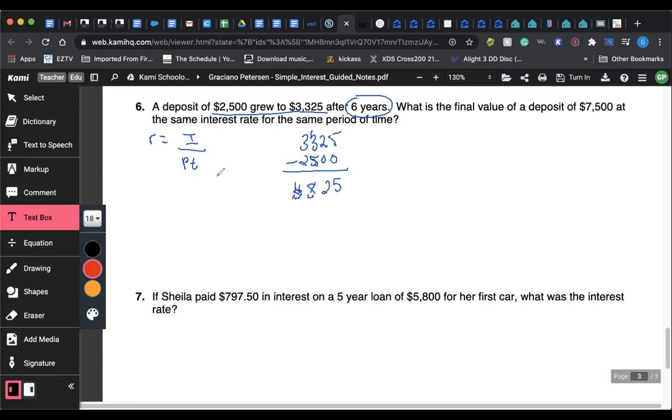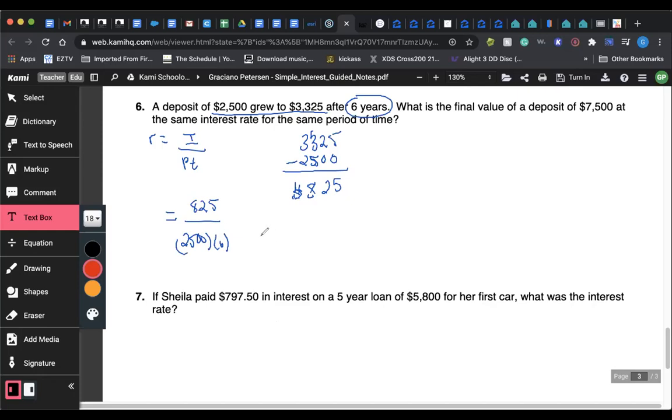So now I can fill out the rest of my formula to find my rate. My rate is equal to 825 divided by 2,500 times 6. I'm going to do 2,500 times 6 in my calculator, and it's 15,000.